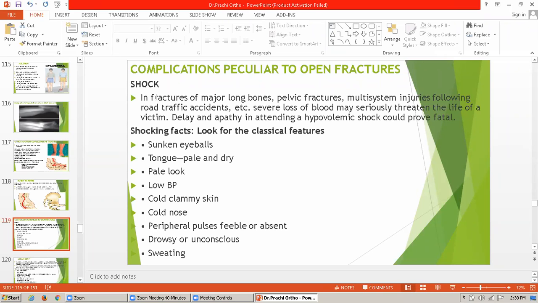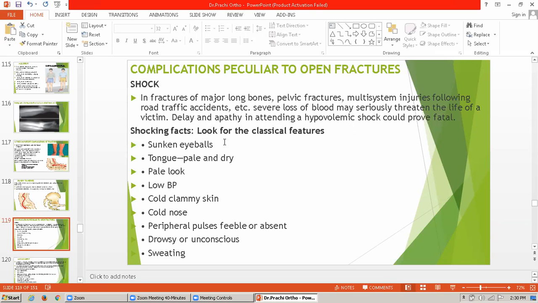In fractures of major long bones, pelvic fracture, multisystem injuries following RTA, that is road traffic accident, etc., severe loss of blood may seriously threaten the life of the victim, and if there is a delay and apathy in attending, hypovolemic shock could prove fatal.